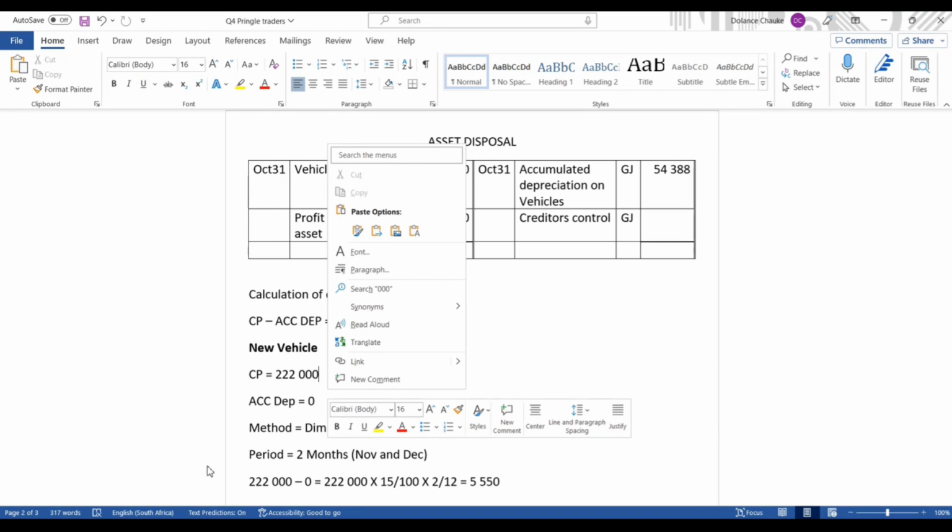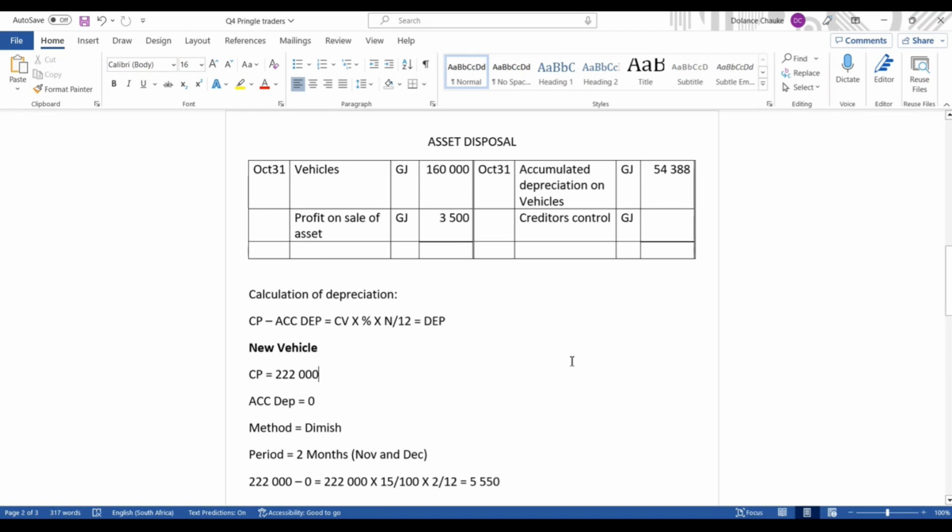It says a vehicle purchased for 160,000 with an accumulated depreciation on the 1st of January 2004 of 39,300 was traded in on the 31st of October 2004 for a new vehicle. When we traded in, we made a profit of 3,500. That's what they're trying to say there. I told you accounting, they won't tell you things straight. You need to create certain scenarios on your own. Are we on the same page?